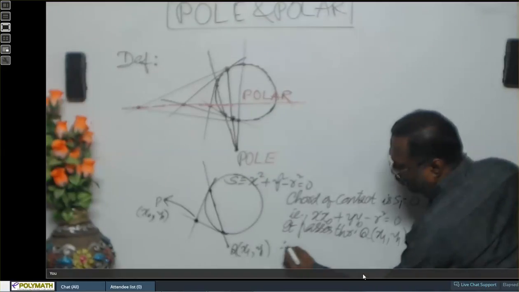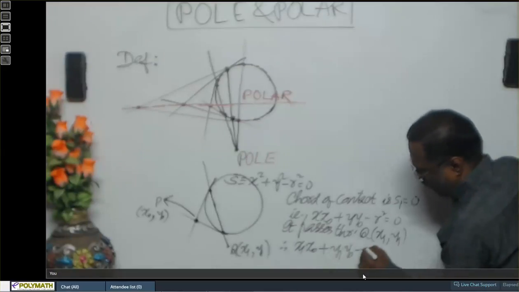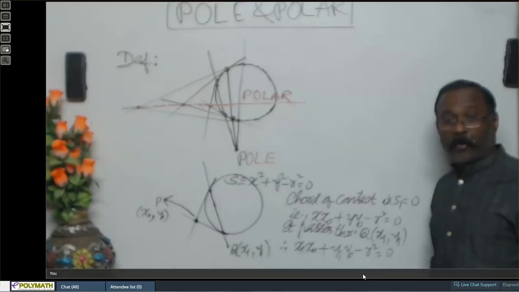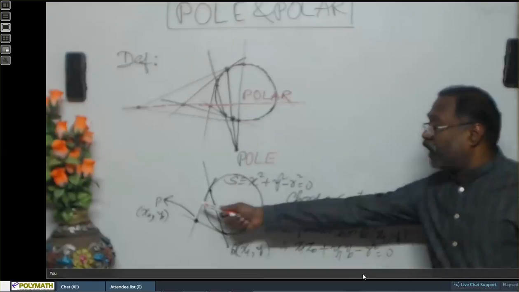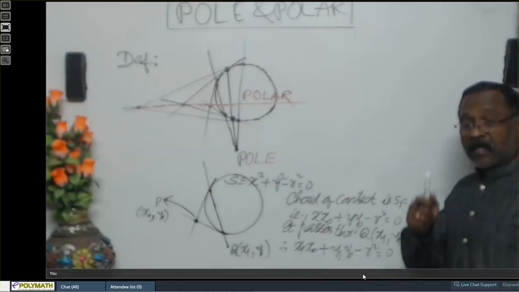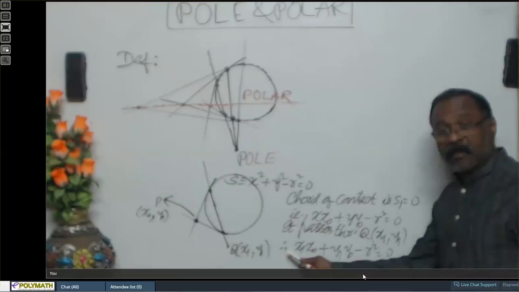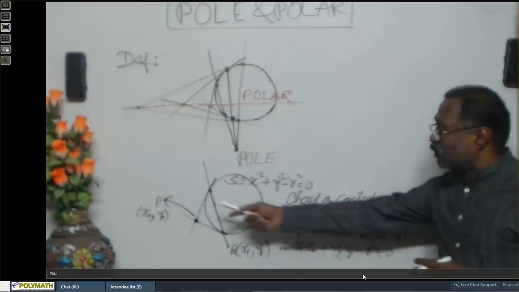Therefore, x1 x naught plus y1 y naught minus r square equal to 0, and hence the locus of P, which is nothing but a straight line, is given by x1 x plus y1 y minus r square equal to 0, because you know the point of the locus is x naught, y naught.